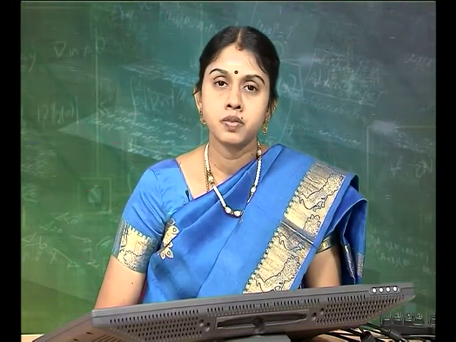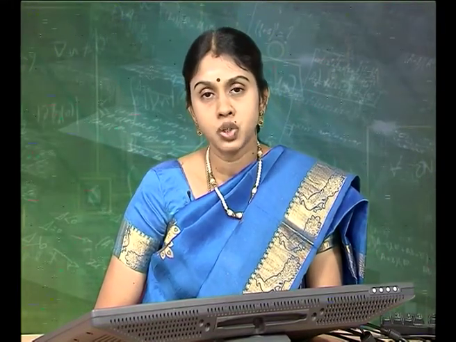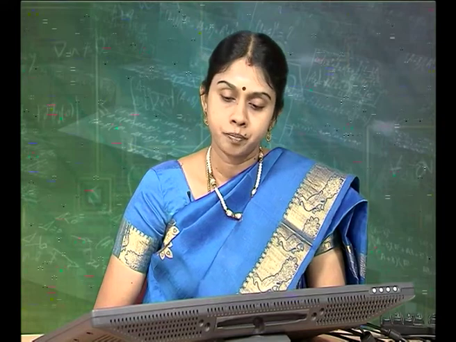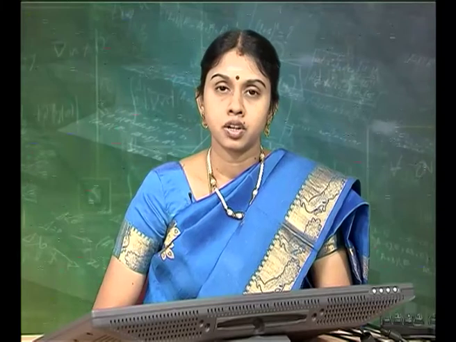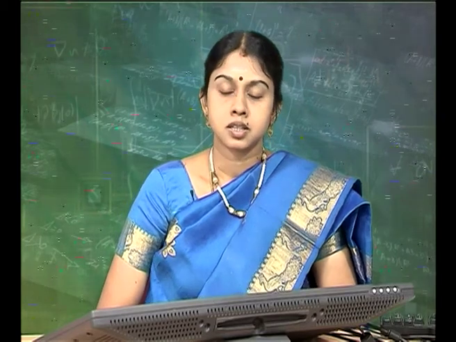Another problem is worked out where the sample variance and size values are not given directly, where you have to calculate capital S1 square and capital S2 square and accordingly use the F formula. And then chi-square test is also discussed: the procedure for chi-square test and the derivation of a chi-square distribution for testing single variance.